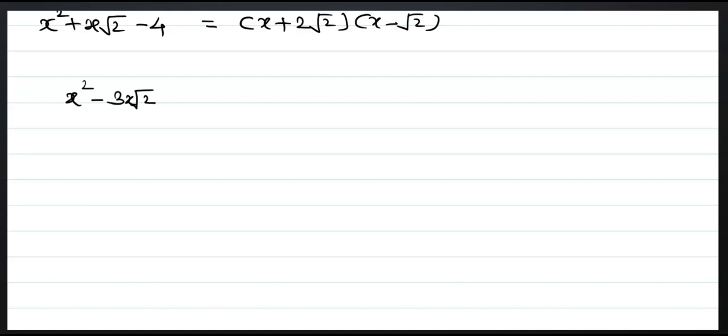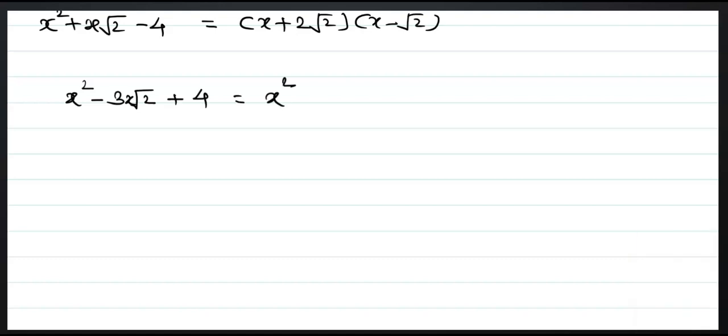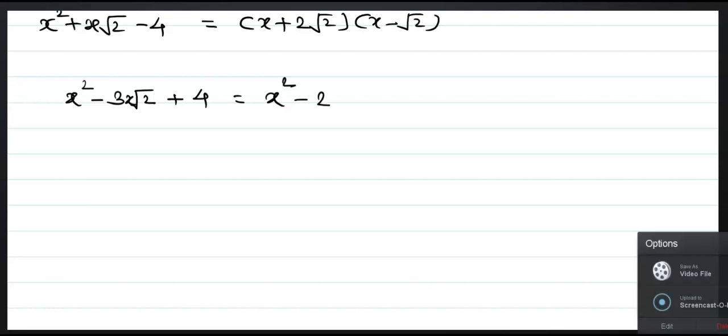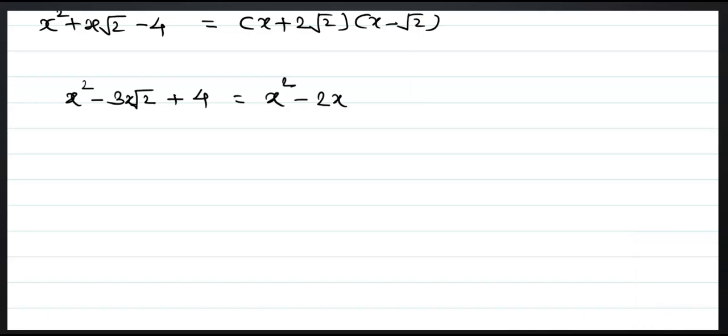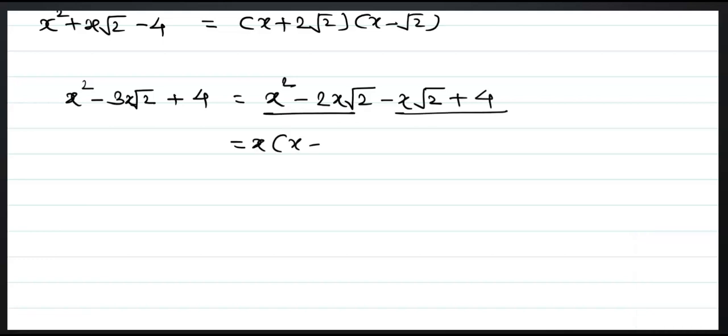Now the next is x square minus 3x root 2 plus 4 is equal to x square minus 2x root 2 minus x root 2. That is minus 2x root 2 and minus x root 2, it will become minus 3x root 2. And again 4 can be written as 2 into 2.